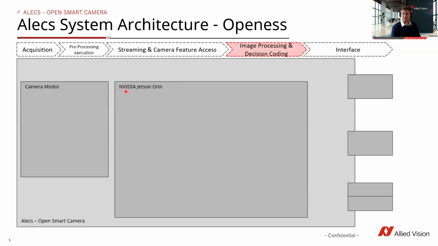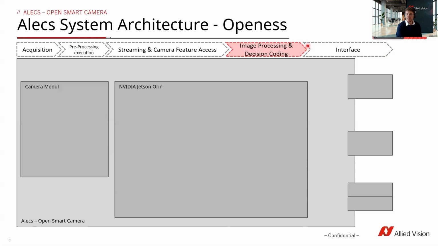Then we go deeper in the system and talk about the SOM. Here, in the Alecs example, we have the NVIDIA board. And here we need a kind of streaming access and access to the camera features, which will execute on the camera module itself. Each time we are talking about pre-processing, so this happens at that point here inside. Later we have more details on the system architecture, but just in the beginning to explain how we can understand it. After the access to the image and the features, there is the specific openness and the freedom for customers.